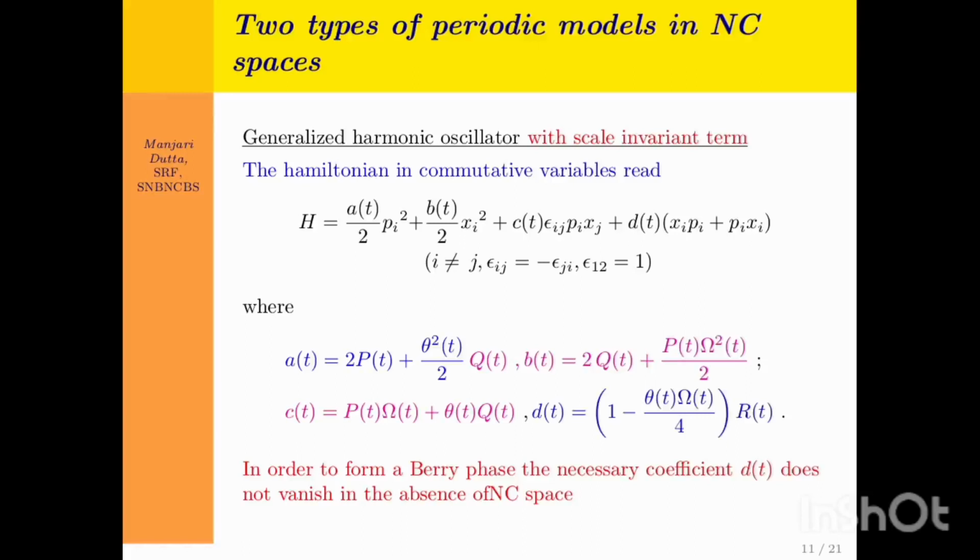Finally, the Hamiltonian in terms of commutative variables is this, where the time dependent coefficients are now functions of the non-commutative parameters. We clearly see that in the absence of non-commutative space, the factor necessary to form a Berry phase does not vanish. This is because the scale invariant term was already included in the original Hamiltonian.